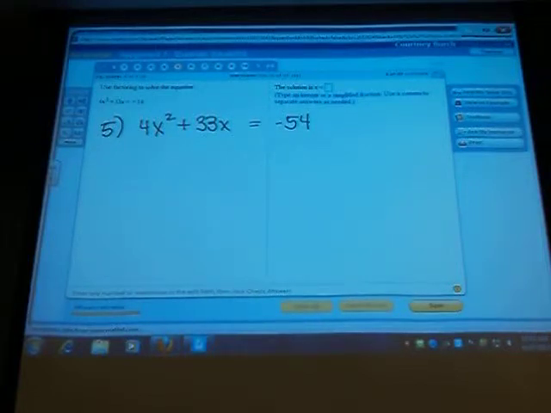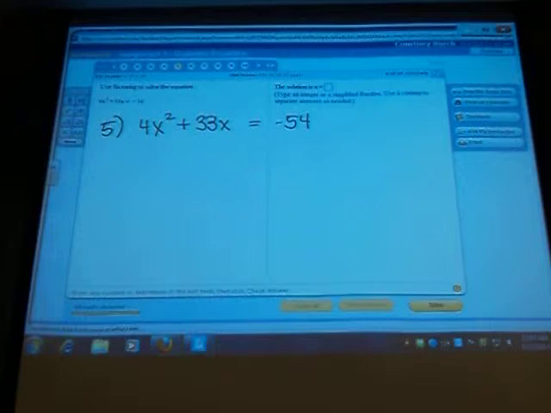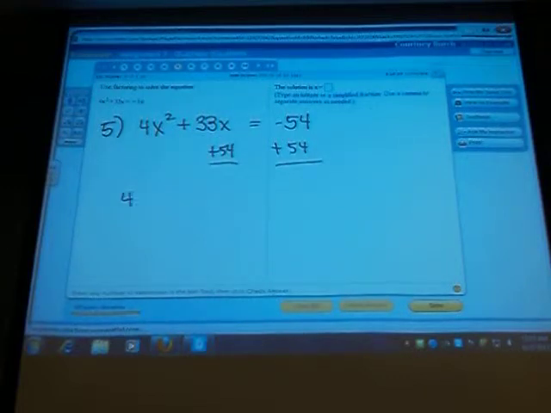Okay? So before you can do anything with the quadratic equation, you've always got to get everything on one side. So I'm going to add this 54 to both sides, to get that to be plus 54 on the left side.